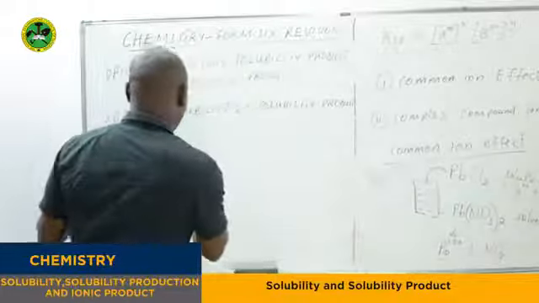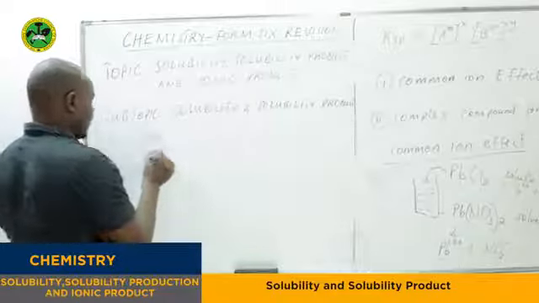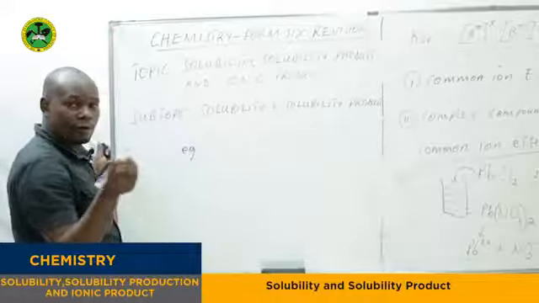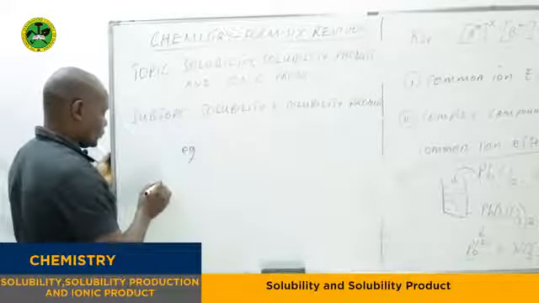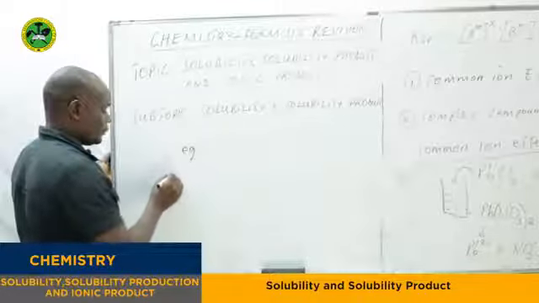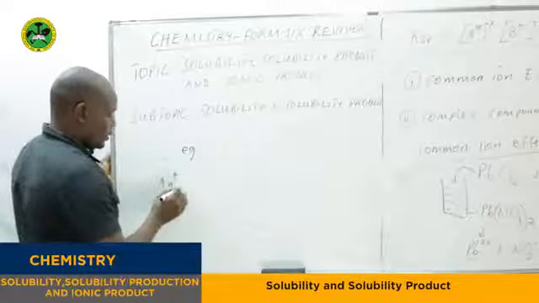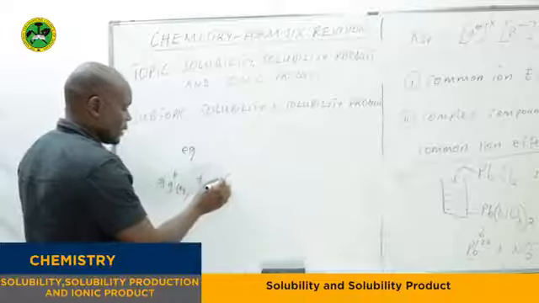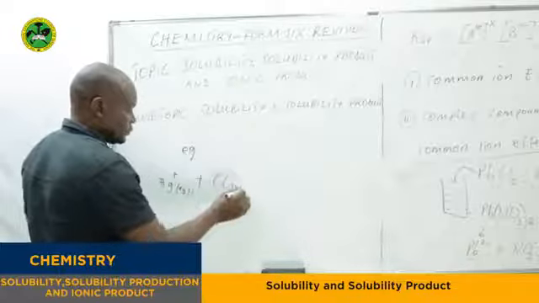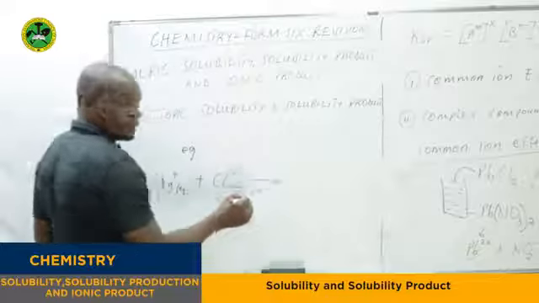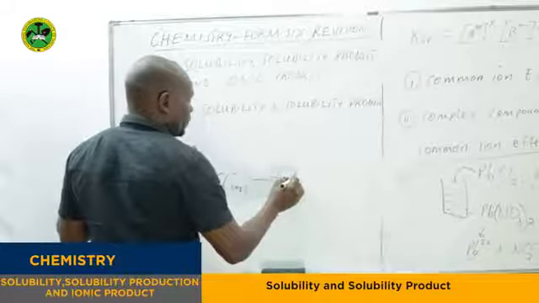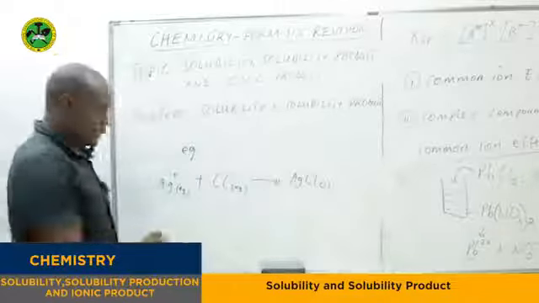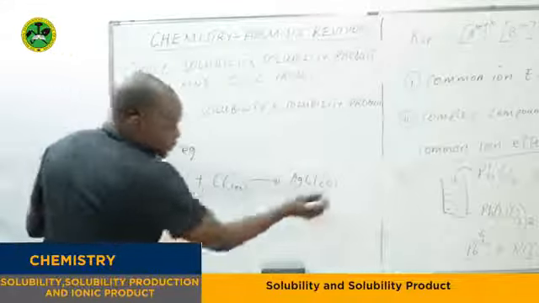For example, taking silver nitrate, you have a solution containing silver ions, and you add chloride ions. It will result in the formation of a white precipitate of silver chloride. That is under normal conditions, and this is solid.